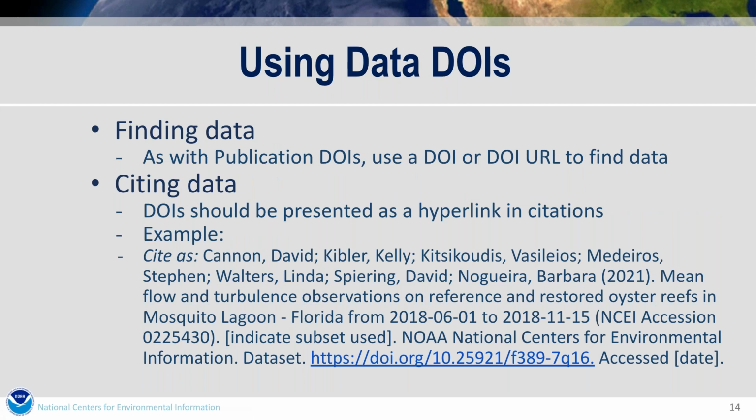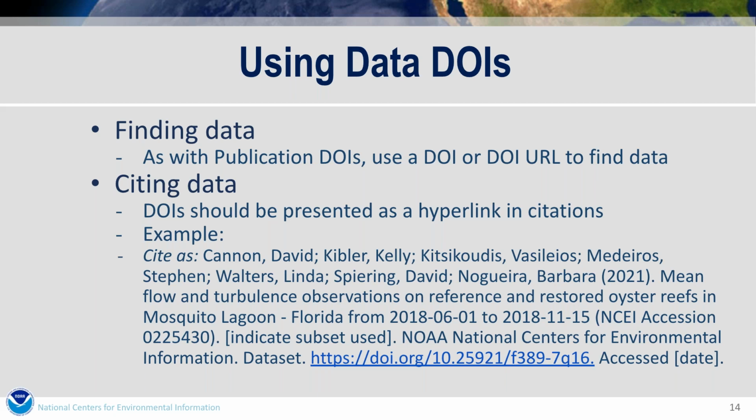Okay, and finally, using data DOIs is really a bibliographic citation mechanism. So you can use the DOI to find data, just as you would use a publication DOI to discover a link and direct your access to some kind of publication.